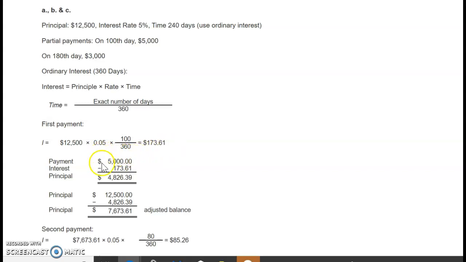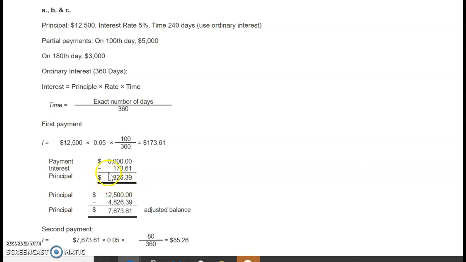So he makes a payment on the 100th day. Here's his $5,000. But the U.S. rule says that first we have to subtract the interest owed from that principal payment. So we're going to subtract $173.61 from $5,000. We get $4,826.39.